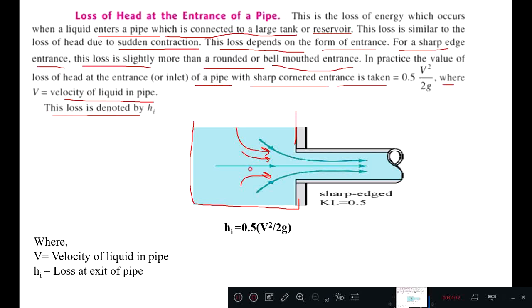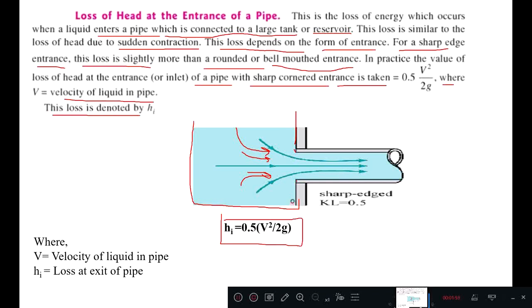Due to the entry, some losses will take place. It is as good as the loss due to sudden contraction only. So the equation to be used for this kind of loss is Hi equal to 0.5 v square by 2g. So this is a sharp edged entrance, the edge is sharp.